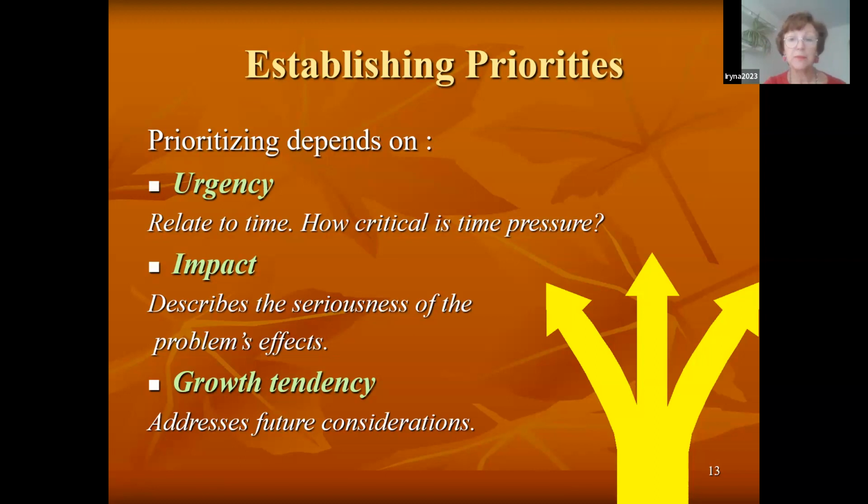This is about time. How critical is the time pressure? The impact of the problem is taken into consideration. How serious are the consequences of the problem? And growth tendency. If we do not solve this problem now, how will it impact the future?